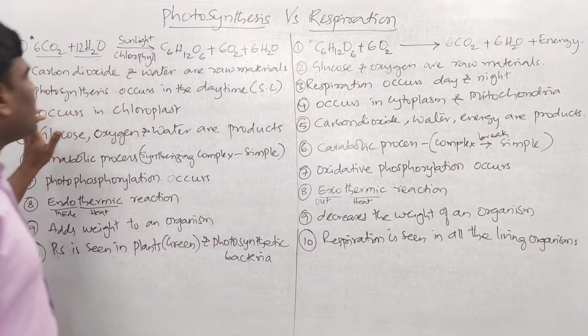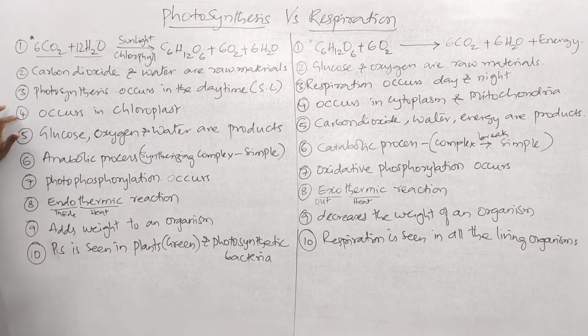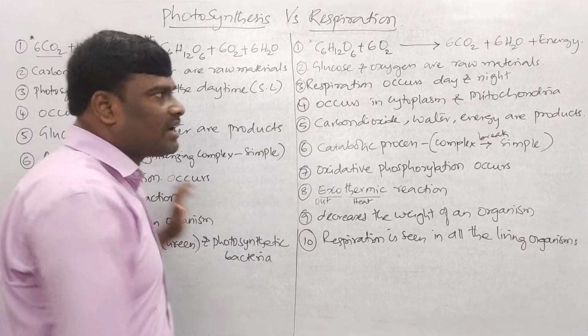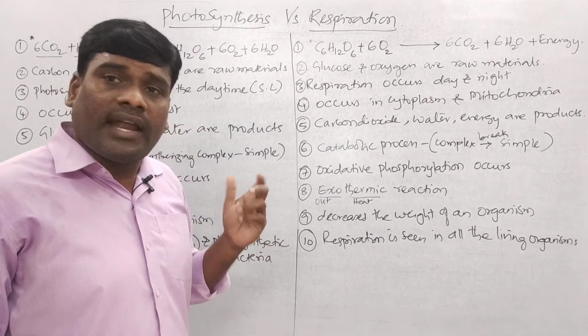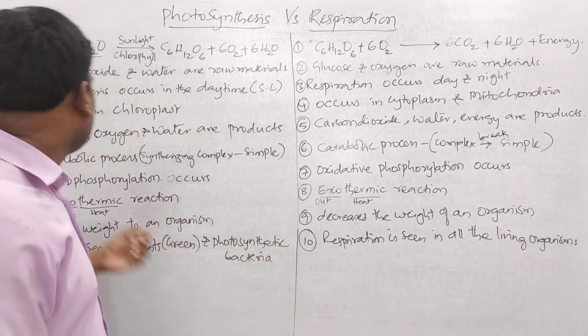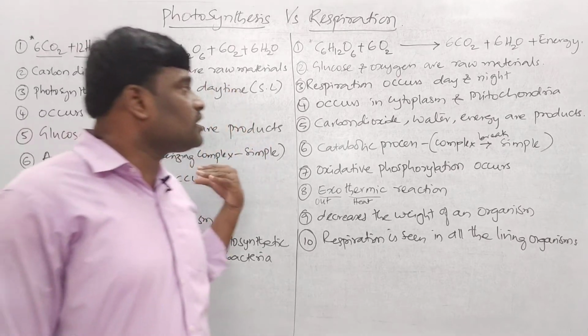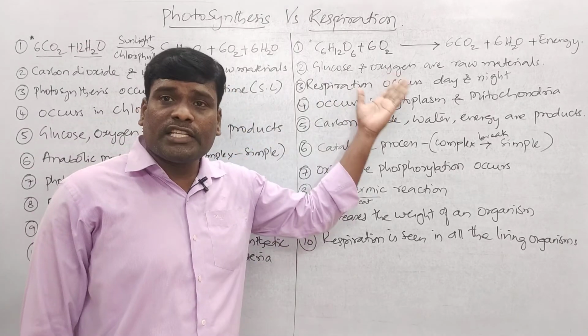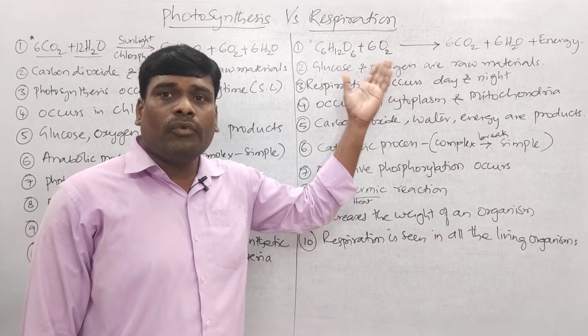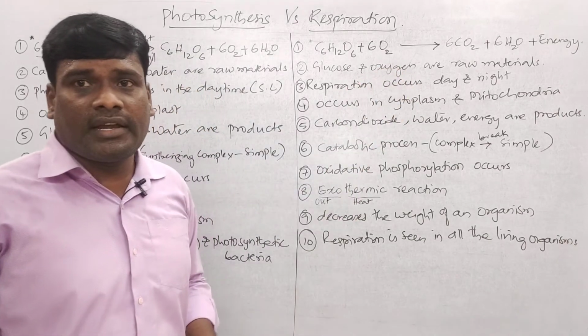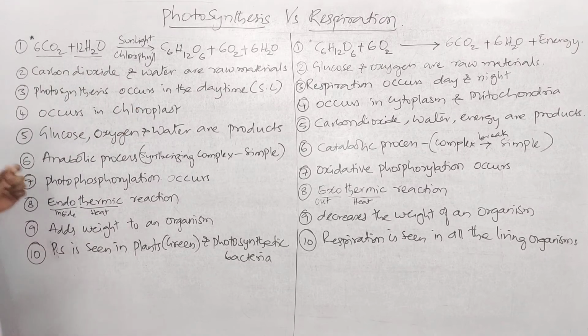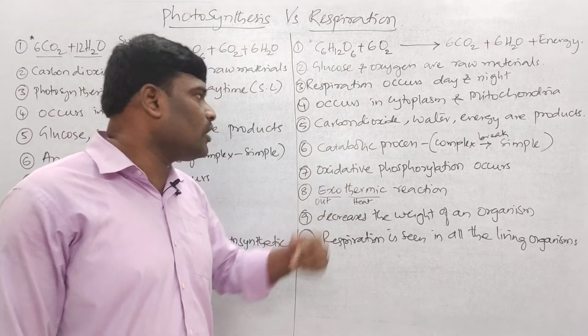Got it? And photosynthesis occurs in the chloroplast, but respiration occurs in mitochondria and cytoplasm also. Glucose, oxygen and water are the products in photosynthesis, and in respiration, carbon dioxide, water and energy are the products. Photosynthesis is an anabolic process, but respiration is a catabolic process.